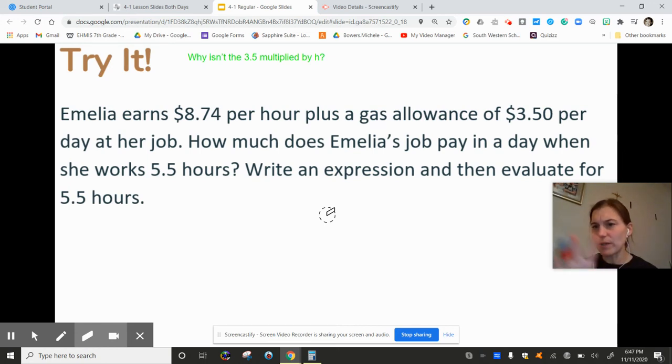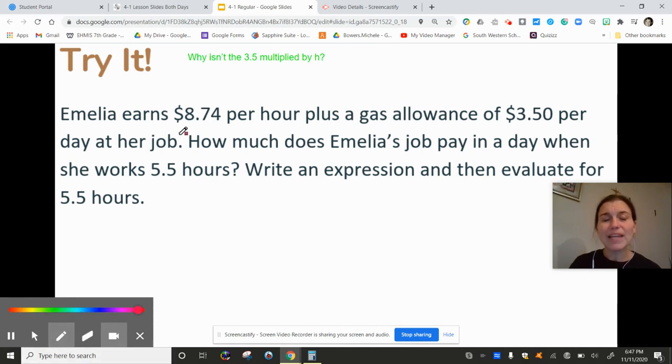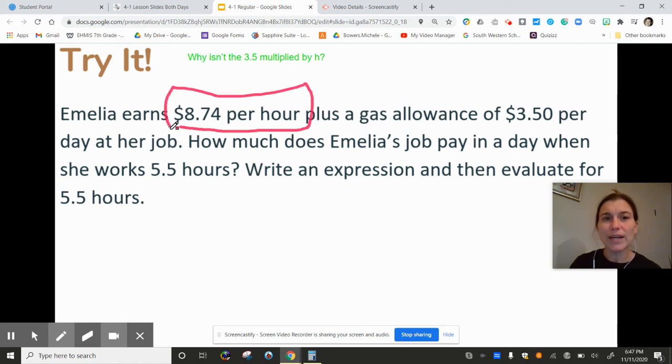So we don't need to multiply that by anything. We look for the other unit rate in the problem, $8.74 per hour. When I see a unit rate, that means I'm multiplying by something. Like I said here, the $3.50 per day, it's only one day. So yeah, I'm multiplying by 1. And $3.50 times 1 is $3.50. So that unit rate's taken care of.